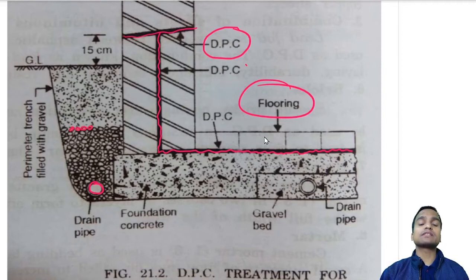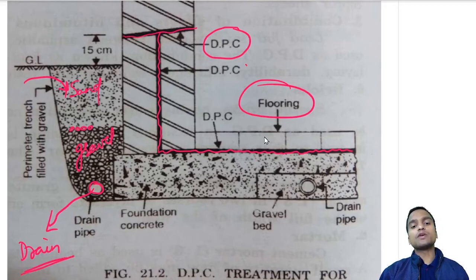These pervious materials are like gravels, coke, etc. This is sand and below this is gravel, and they easily transfer all the water to this drain pipe, and this drain pipe finally drains the water outside. So in this way we protect the foundation concrete and the basement. Similarly, we also provide one extra gravel bed below foundation concrete also, and there we also use drain pipe.